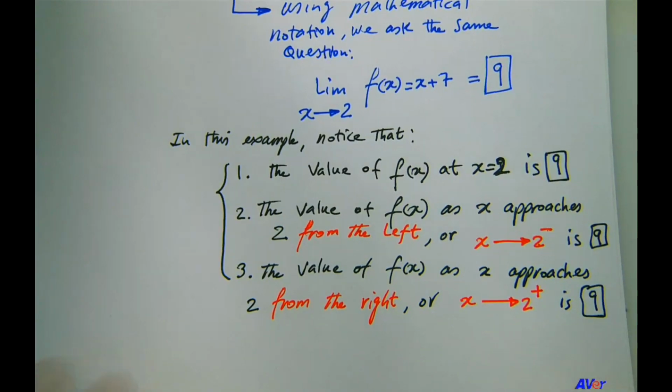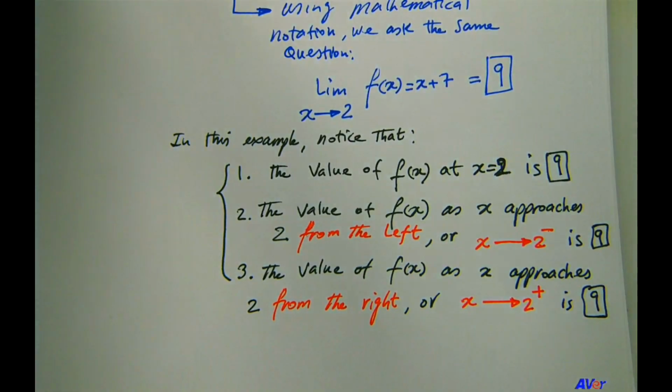How do we approach 2 from the right? Pick x equals 5 and plug it in, and you get 12. Then pick 4, and you get 11. So as you get closer and closer to the x value 2, the value of the function f of x gets closer and closer to 9.